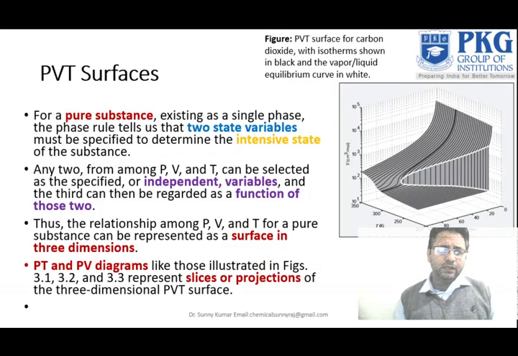The PT and PV diagrams like those illustrated in figures 3.1 and 3.2, and there is another, 3.3, which I have not shown, are slices or projections of the 3-dimensional PVT surface. So these diagrams are also included in this diagram. This is a slice projection of this.